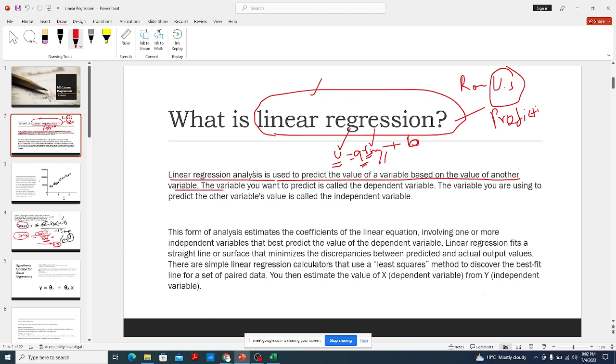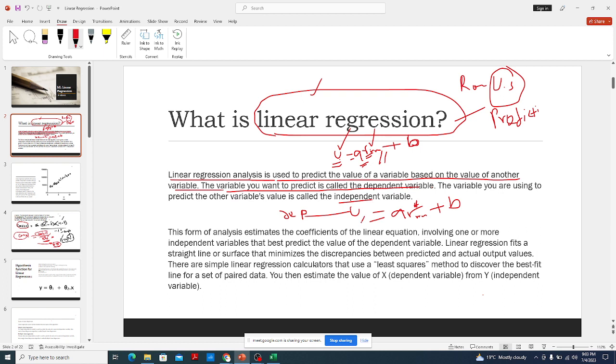So the variable you want to predict is called the dependent variable. Here, u, this is the model, so u will be our dependent variable. Then our r, this is the amount of rainfall, will be the independent variable.